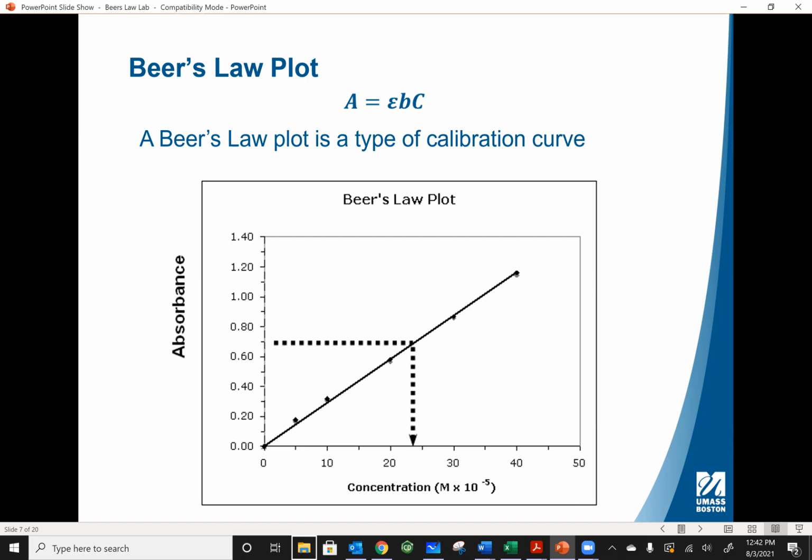But at some point, the spectrophotometer will not be able to read the transmittance or absorbance once you get up to a certain concentration, because the molecules are just blocking the light in addition to absorbing the light. And so it causes a kind of plateau when you get into high concentrations. But at the lower concentrations, there's a clear linear relationship between absorbance and concentration. And so today we are going to be creating a plot just like this from our data.